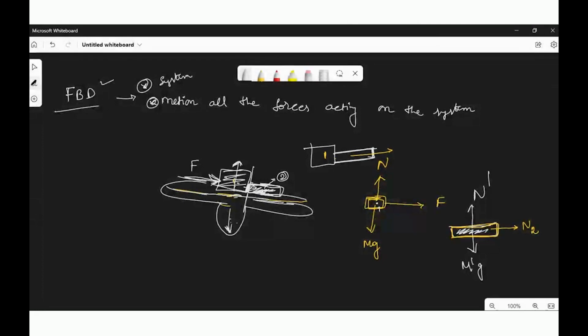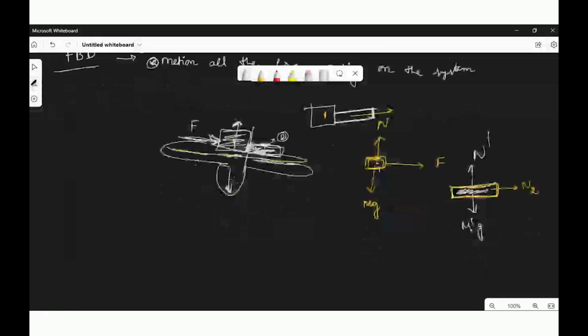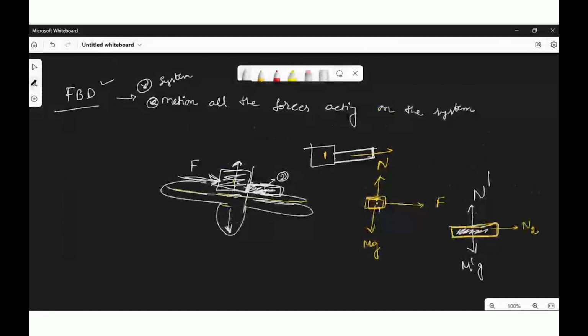And then the next step I usually suggest is, once you mark all the forces acting on the system, if the system is in equilibrium, then you should say the net force acting on the system is 0.